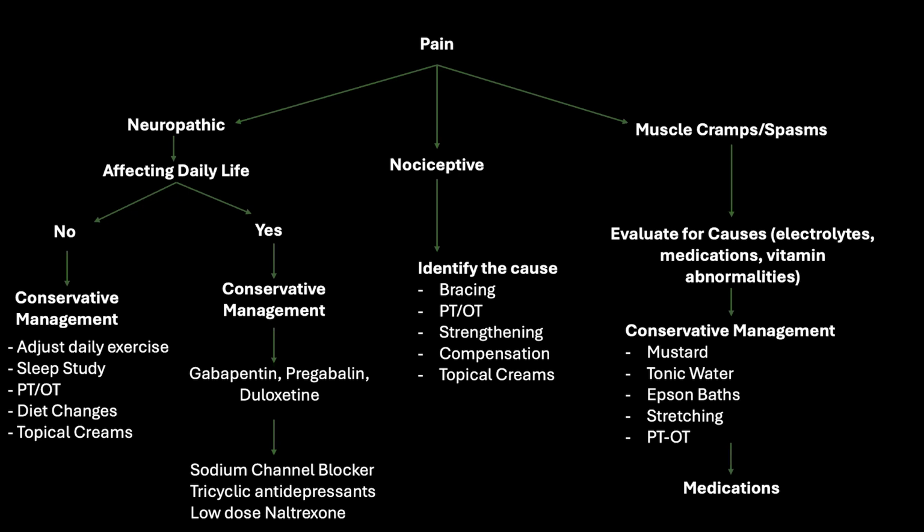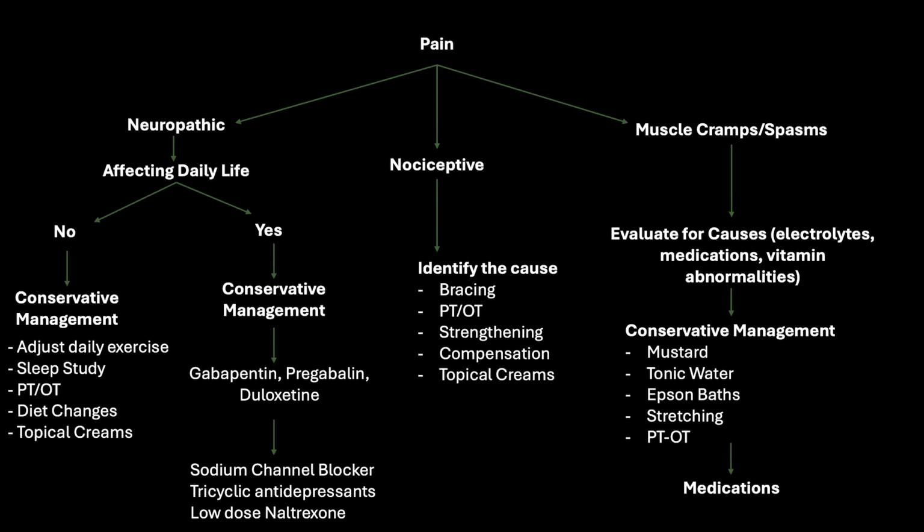Oftentimes, we start with conservative management, and I think lots of people, in my experience, have been able to find a manageable system within a combination of these recommendations here. I don't know if one particular thing works for every single patient, but some combination of these can often help with symptoms, maybe not eliminate them, but can help with symptoms.